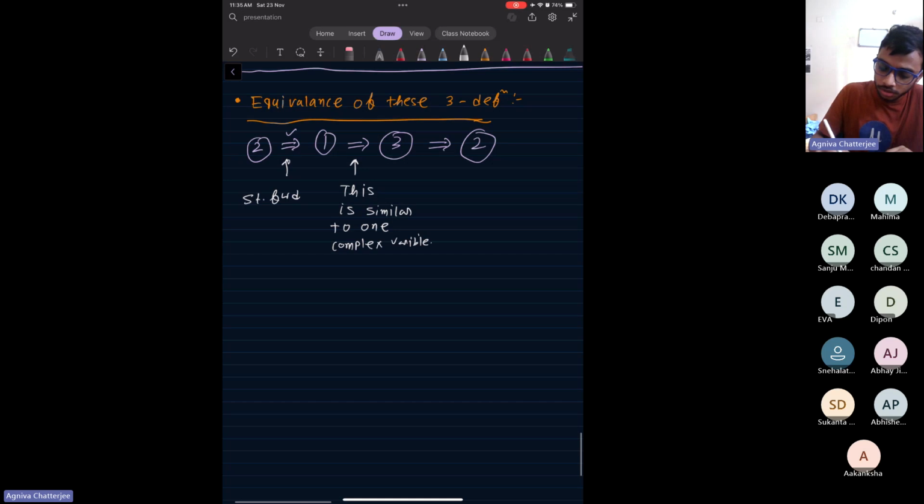How do you actually prove it there? You take this quotient, one time you go from the real axis, one time you go from the imaginary axis, and you get the result. Here you also have to do the same.